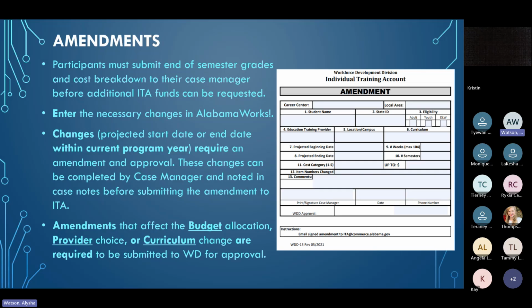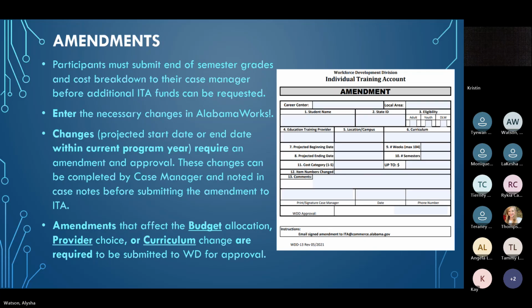These changes can be completed by the case manager and noted in case notes before submitting the amendment to the ITA email. Amendments that affect the budget, allocation, provider choice, or curriculum change are required to be submitted to Workforce Development for approval. So make sure you send it in.